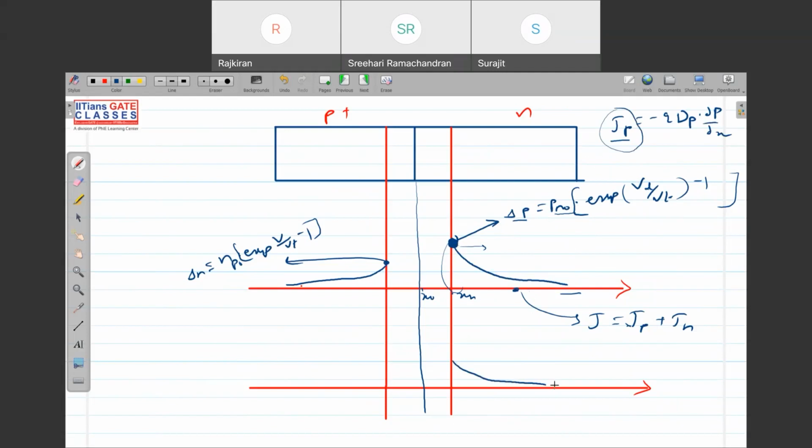This will be Jp in the n region. Since this is exponential, its derivative is also exponential. And what is the value here? I know the slope is nothing but dp by dx, given as how much?